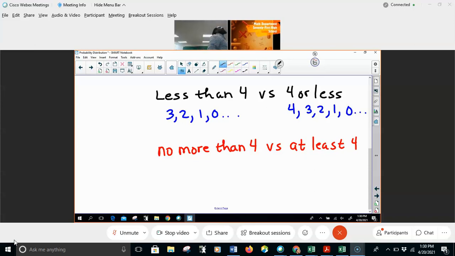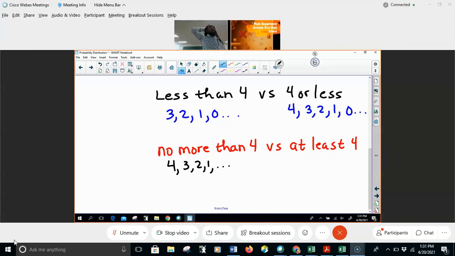If I were to say no more than 4, does that include 4 or not? It does include 4. So it's going to be 4, but no more than 4, so that means it includes everything else below that. So you have 4, then everything less than that.